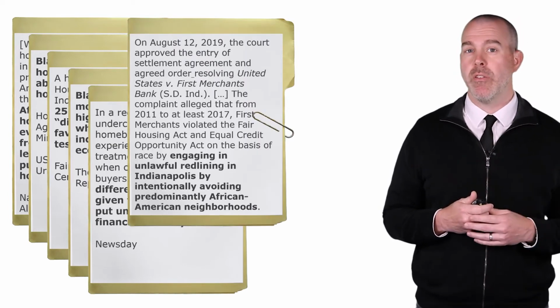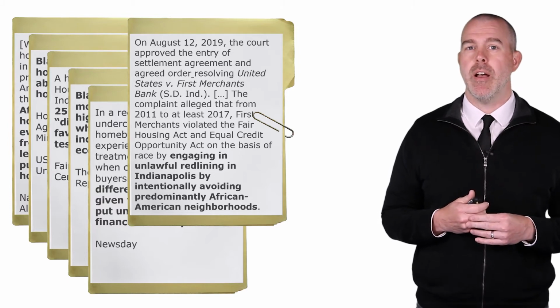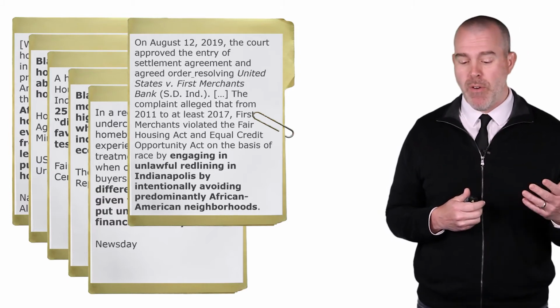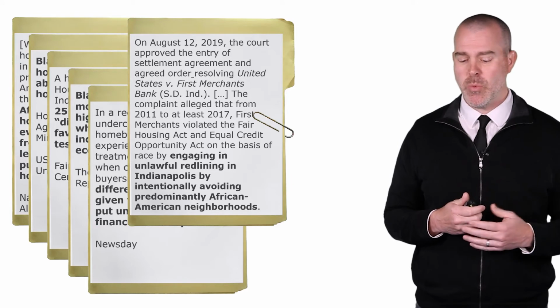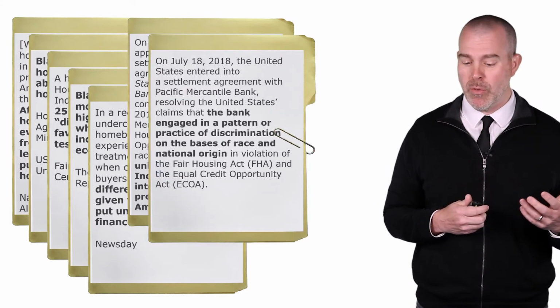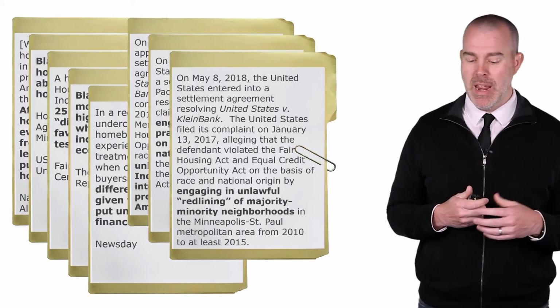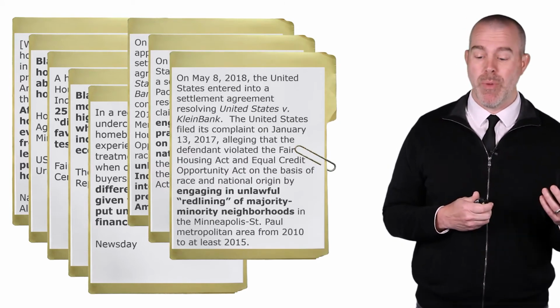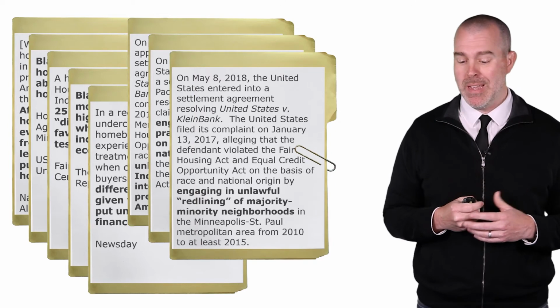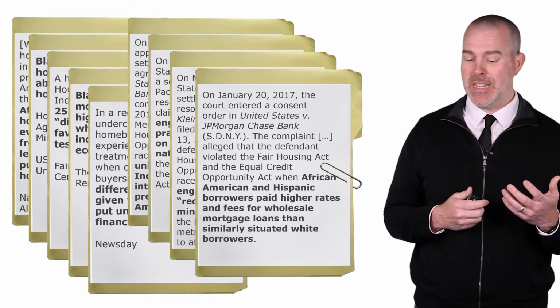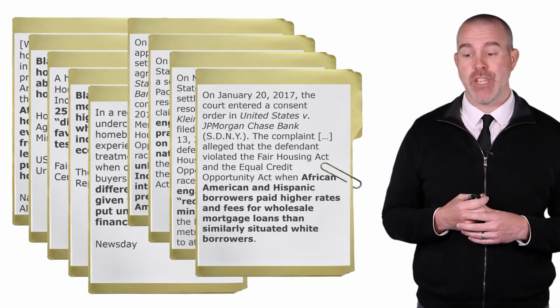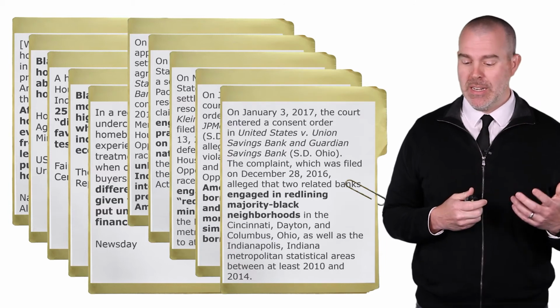If you look at the federal government, the Justice Department, they have all of these settlements. Here's one in Indianapolis. There was unlawful redlining. The Pacific Mercantile Bank, again, discriminating. Here's one in Minneapolis-St. Paul. They were redlining as well there. That was from 2018, 2017. JP Morgan Chase, 2017.